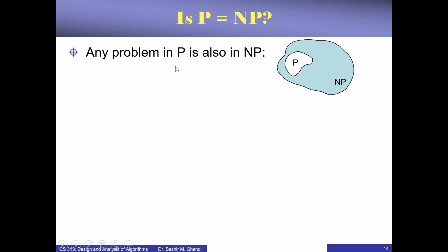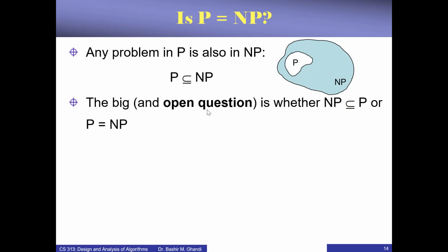If it can be solved in polynomial time, definitely verifying its solution can also be done in polynomial time. Therefore, the class P obviously is a subset of the class NP. All problems that have a polynomial solution can also be verified in polynomial time.